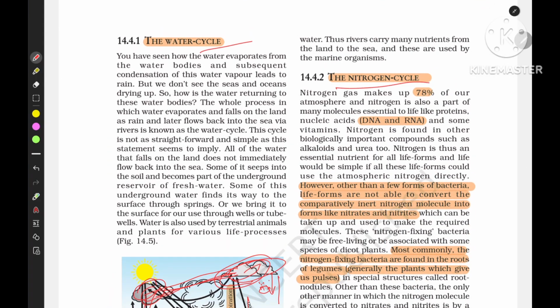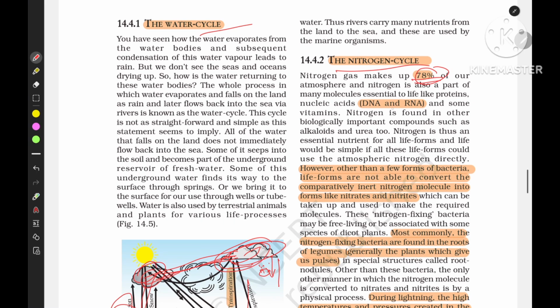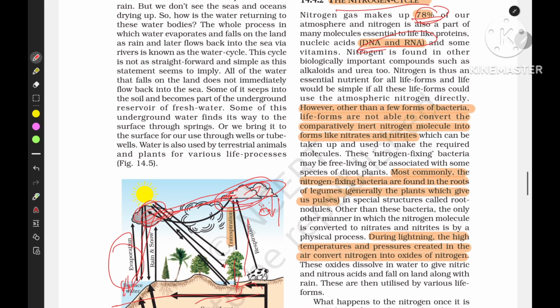About the nitrogen cycle: Earth's atmosphere has 78% nitrogen, and nitrogen is also an essential element in DNA and RNA.